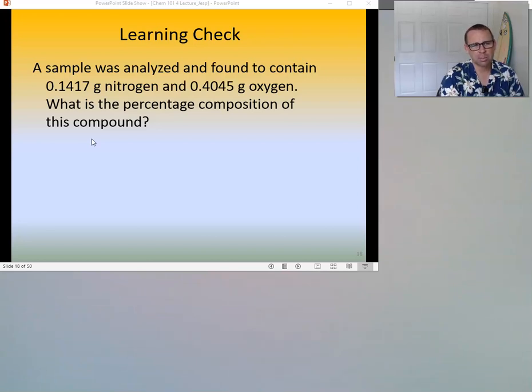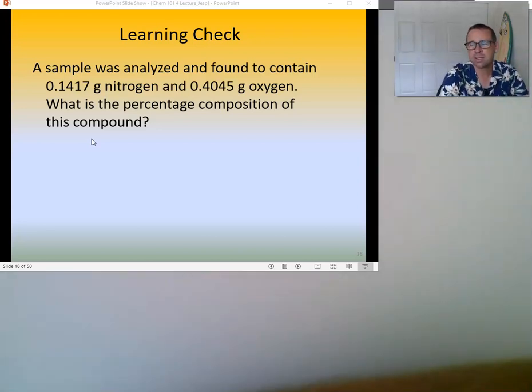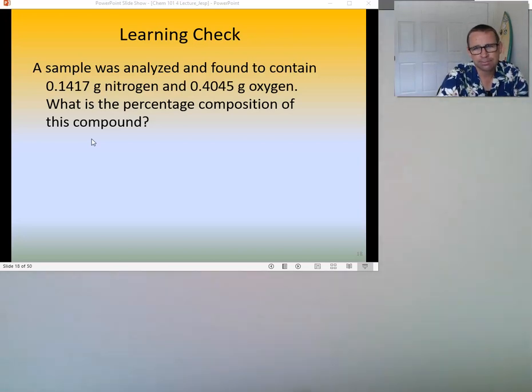What's the percent composition of the nitrogen and of the oxygen in this compound? This time we don't know if it's NO2 or N2O or N2O2, but we know it just contains nitrogen and oxygen. But we can still find the percentage by taking the mass of one of the elements and dividing it by the sum of the whole mass.